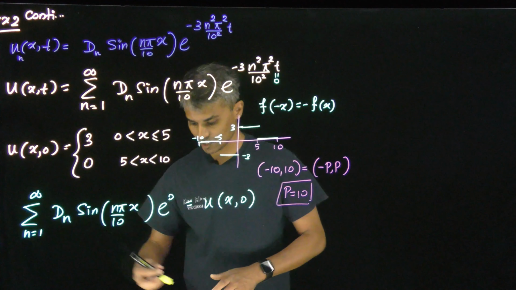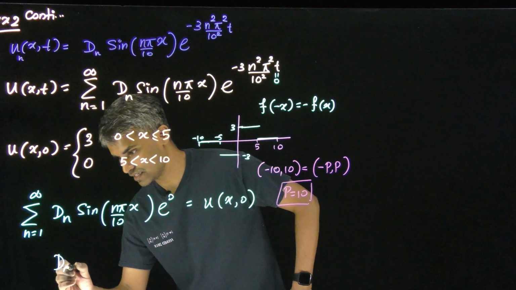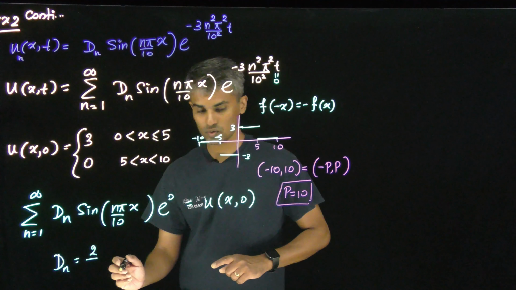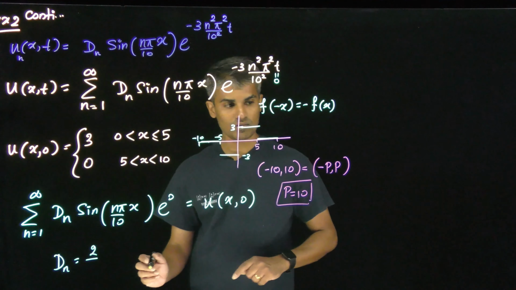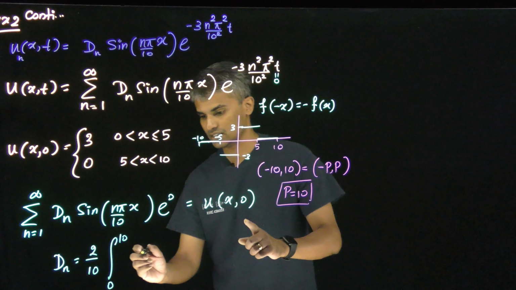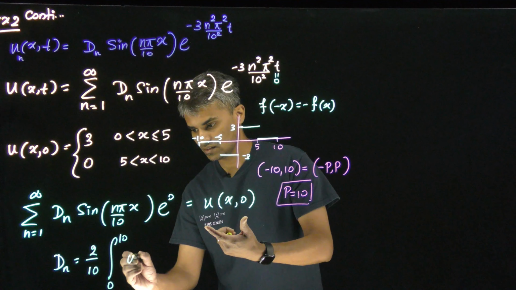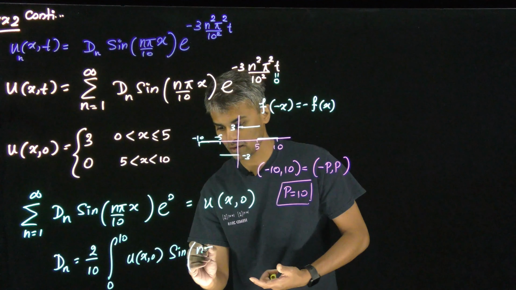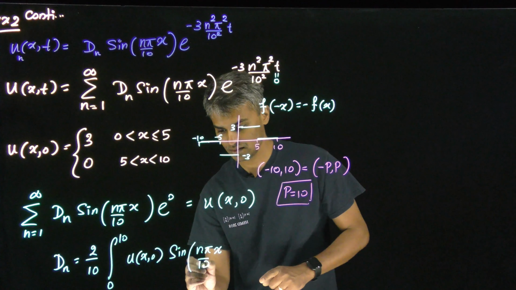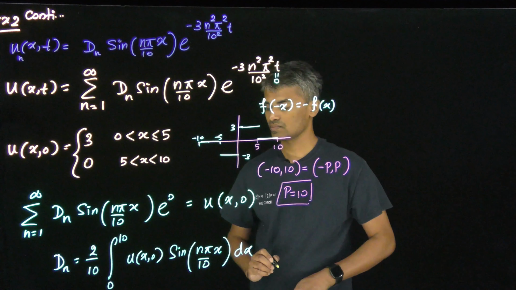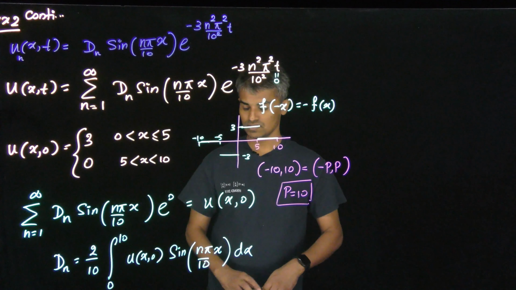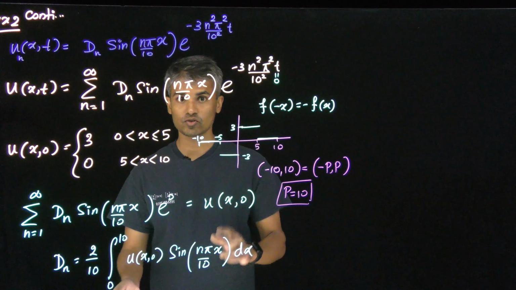Now the formula for these Fourier coefficients is d sub n equals 2 over p, which is 10, times the integral that goes from 0 to 10 of this function u of x comma 0 times sine of n pi x over p dx. But u of x comma 0 is a piecewise continuous function. Therefore, we have to split this interval into two parts.